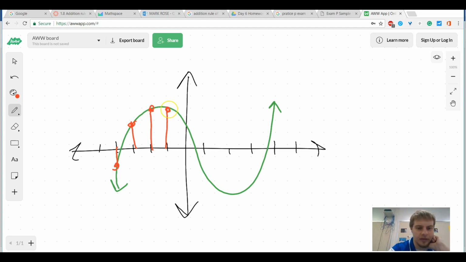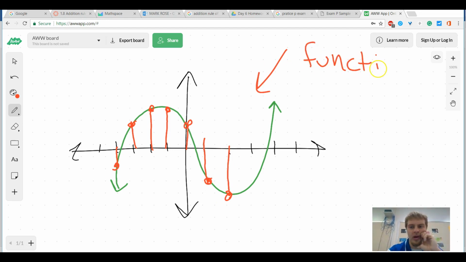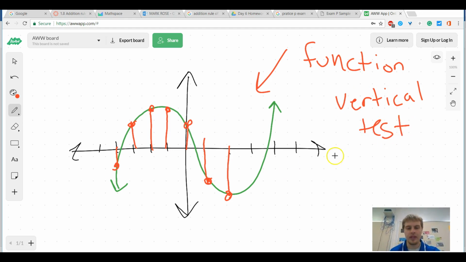So as I go to every single x value, it would be a function if I only have one y value. So this thing is a function because at no point does one x ever hit more than one y. So when we look down, this only hits 1. We sometimes call this the vertical line test. And if you only hit one point, the thing will be a function.